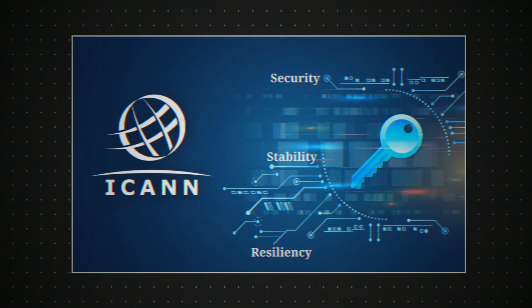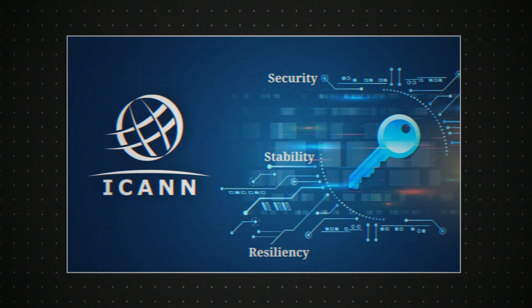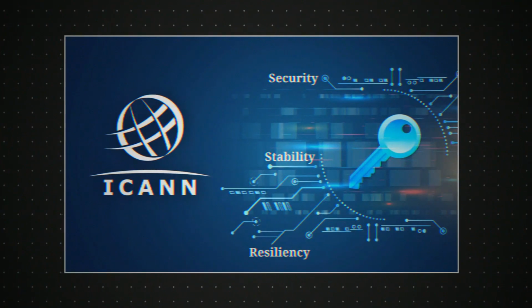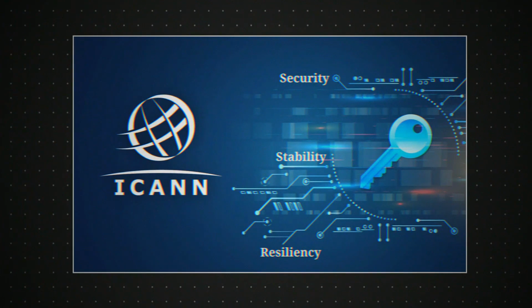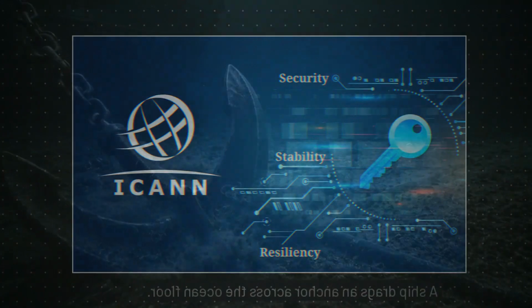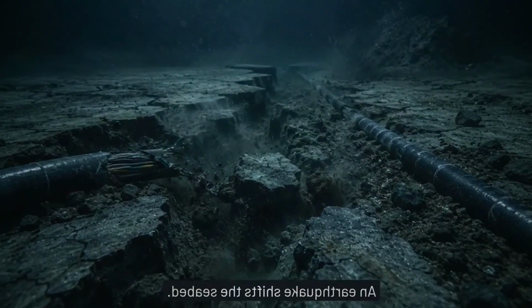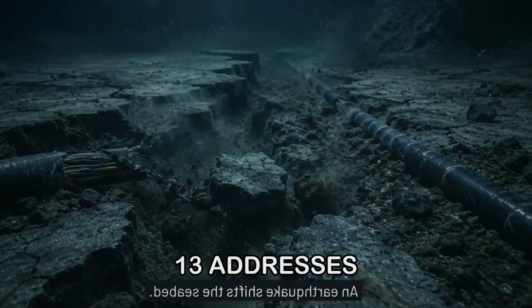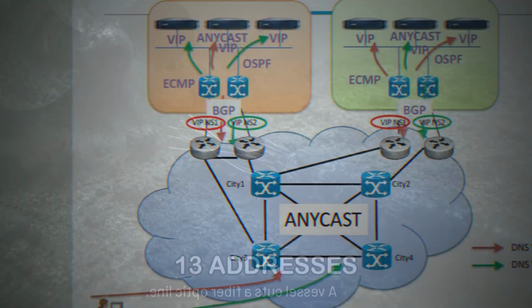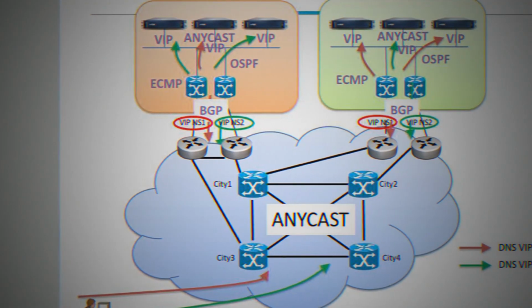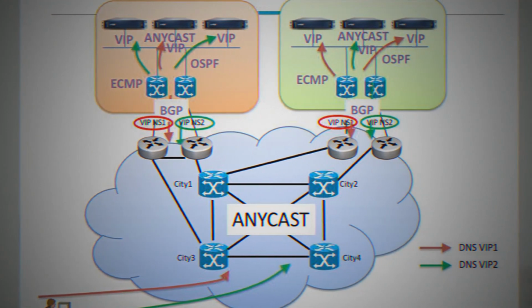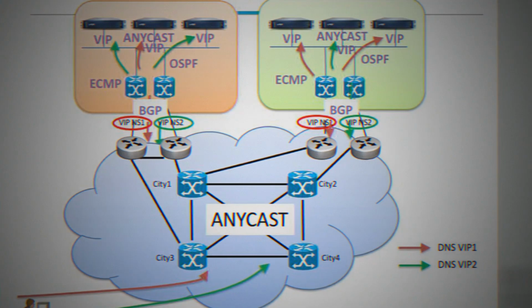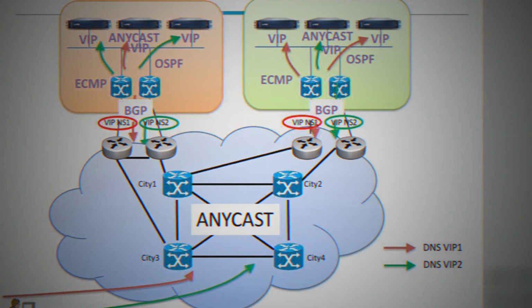The organization that coordinates the root system, ICANN, reports that there are now more than 1,500 individual root server instances globally. So when people say 13 root servers, what they really mean is 13 addresses that are answered by hundreds or thousands of machines through a technique called anycast, where the same address is advertised from many different physical locations, and the network automatically routes each query to whichever instance is closest.